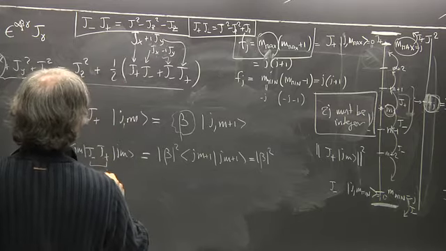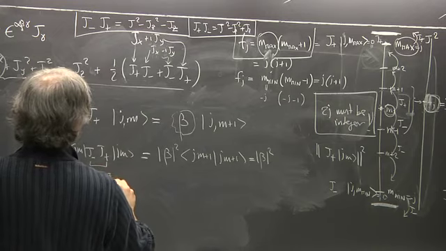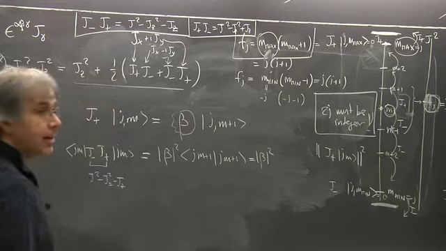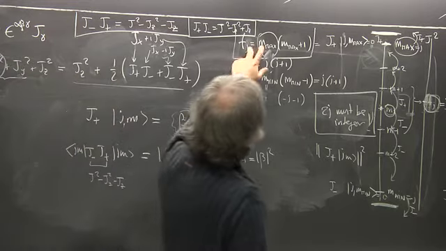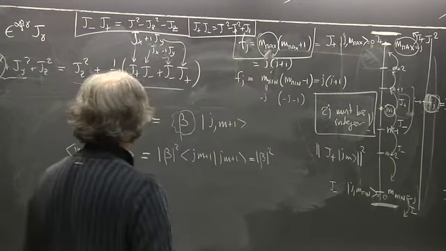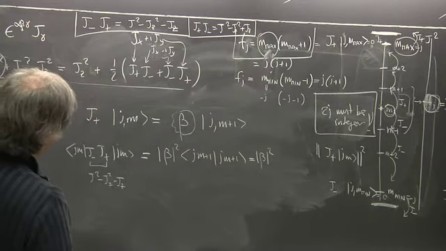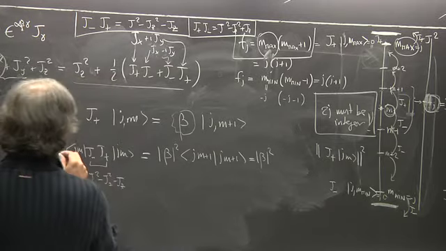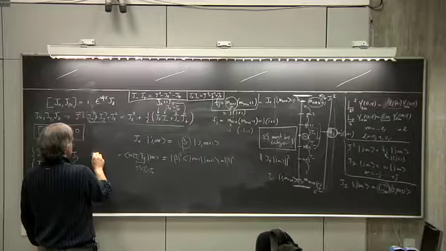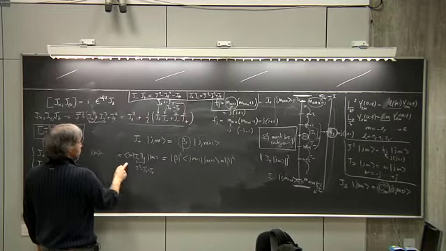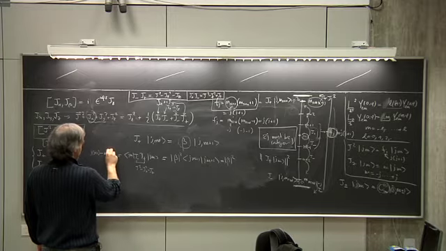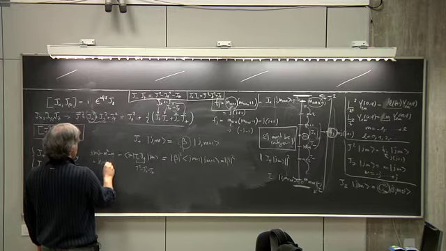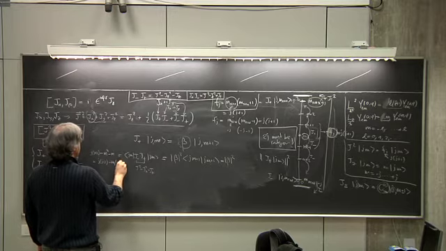This is j square minus jz square minus jz. In fact, the very same calculation we have just done to prove that, for instance, j squared was equal to that. And therefore, I can calculate that this beta square is nothing but j plus 1 minus m squared minus m, which I can also rewrite as j plus 1 minus m times m plus 1.